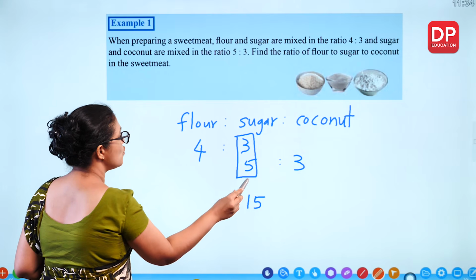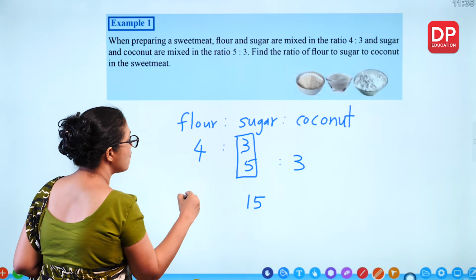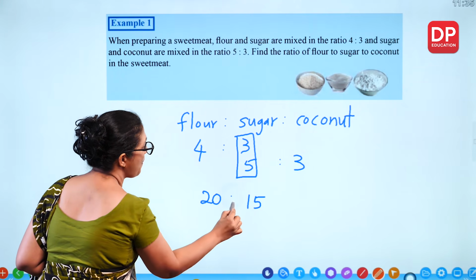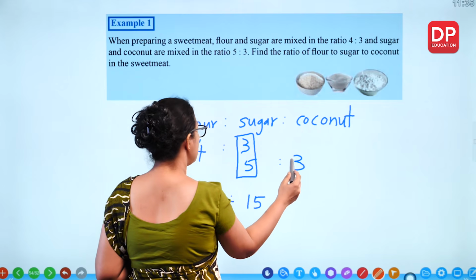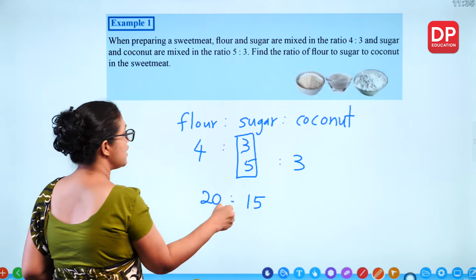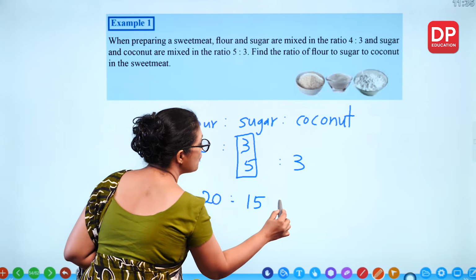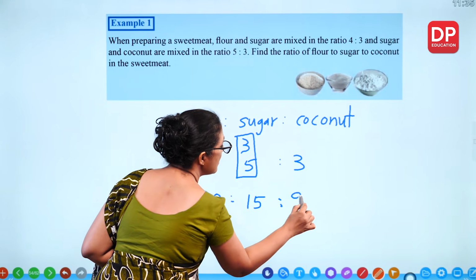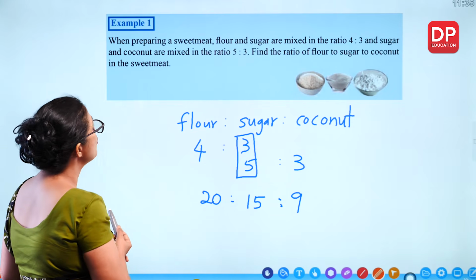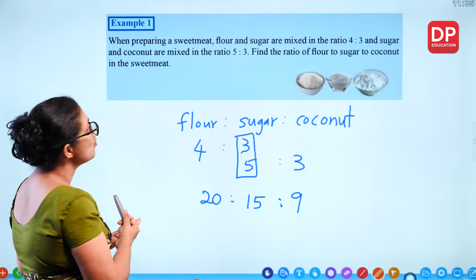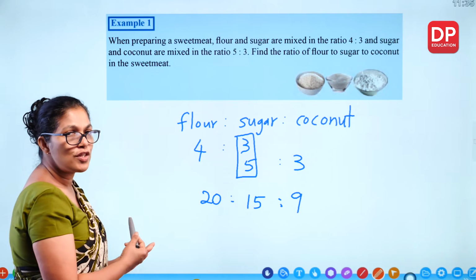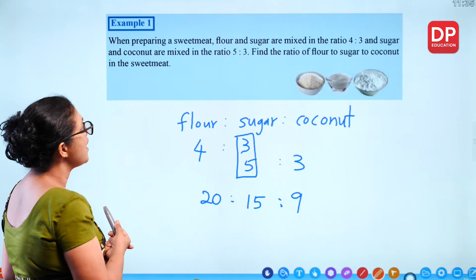Multiply by 5. So you do the same thing. Multiply by 5, you get 20 here. This one, you need 5 to 15. Multiply by 3. So 3 times 3, 9. So the ratio flour to sugar to coconut is 20 to 15 to 9.